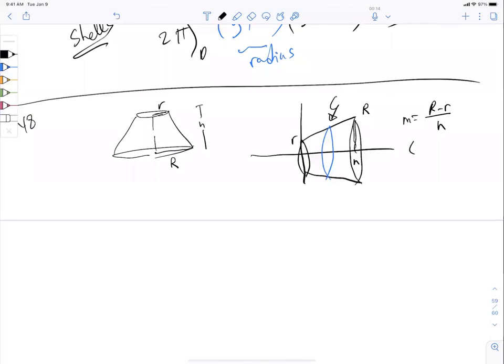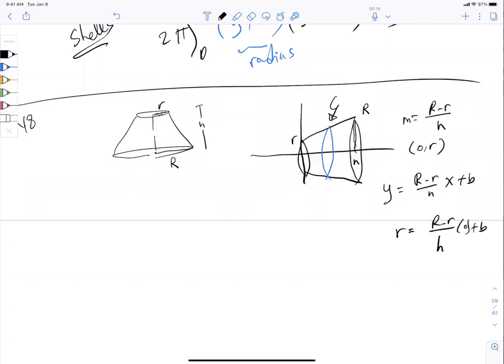Your y-intercept is 0, r. So y is equal to (R minus r over h) x plus b. And if I plug in 0, r, r is (R minus r over h) times 0 plus b.